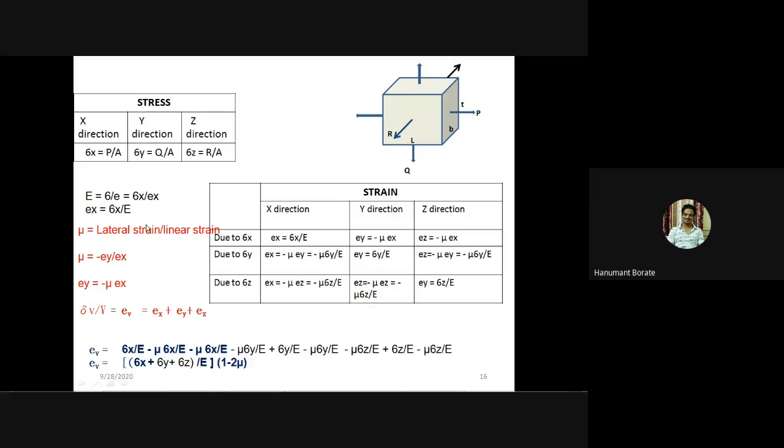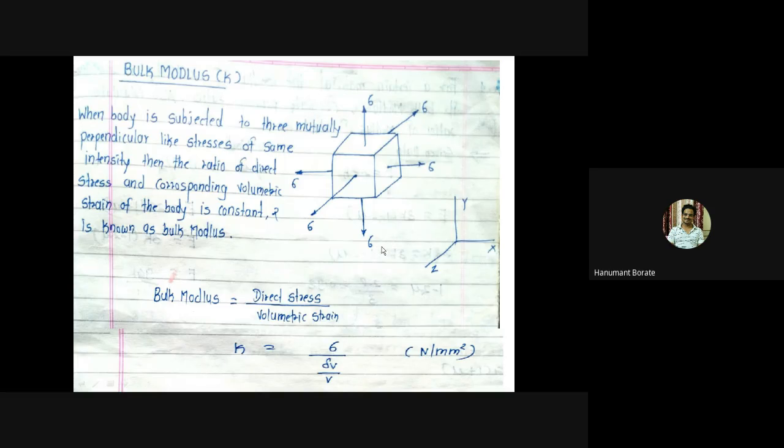And if we put the value of linear strain, that is sigma x by E, here, with mu equal to lateral strain, minus Ey by Ex, and we know that the value of Ex is sigma x by E. So here we'll get Ey equals minus mu into sigma x by E, which is Ey equals minus mu into Ex.